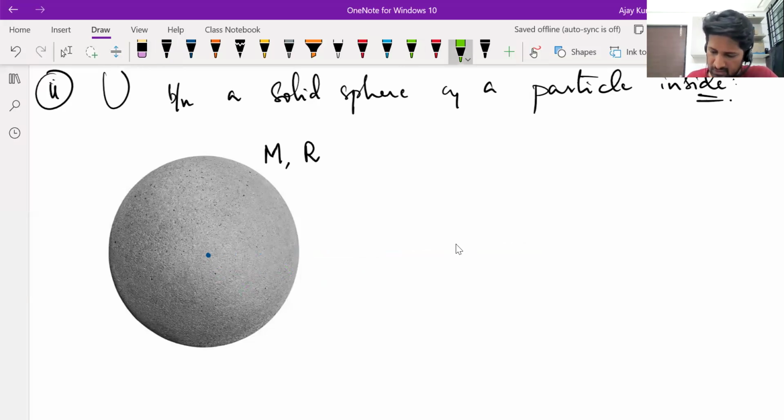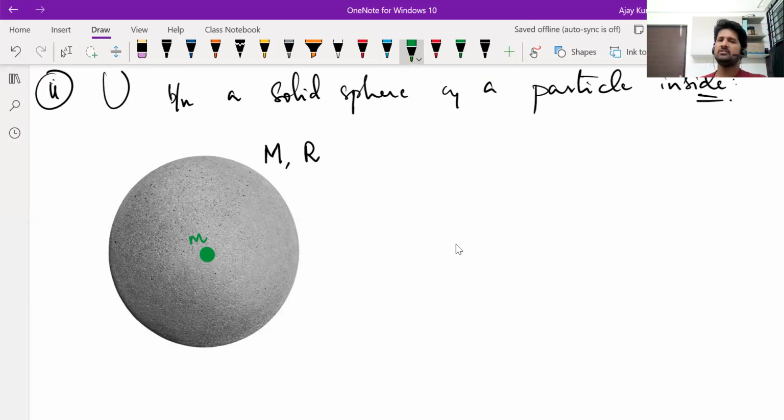Let's take the particle to the center of the solid sphere. Let's see if it helps. Now, in case of a hollow sphere, the center had an advantage. What advantage? Every particle of the hollow sphere, every element of the hollow sphere was at the same distance.